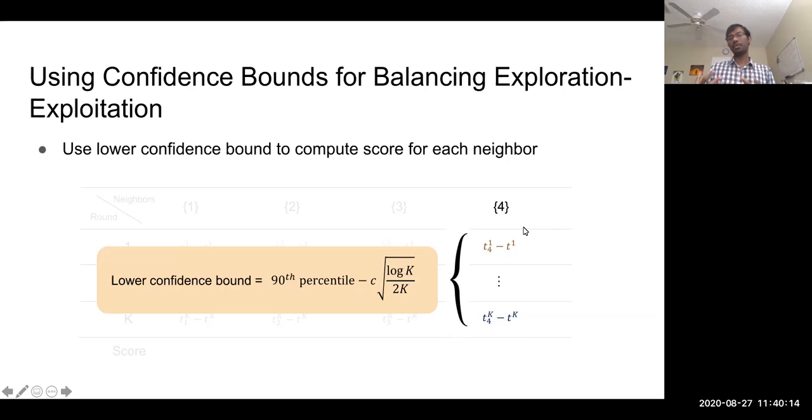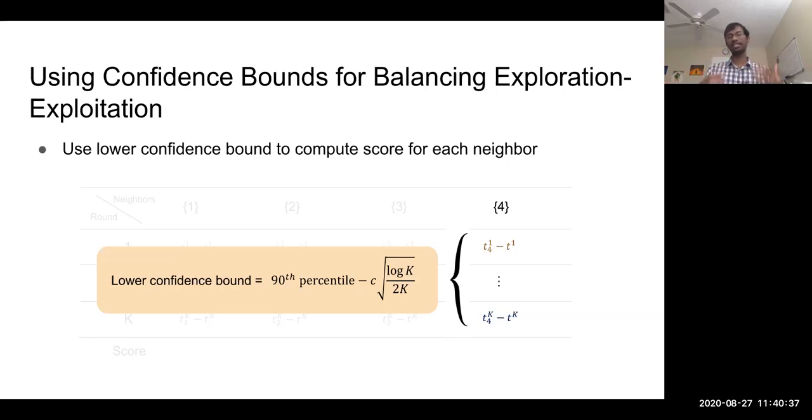So intuitively, what this is saying is you could have a group of neighbors that are really well connected to the rest of the network, but due to some randomness, they have a poor 90th percentile score. So if we simply consider this 90th percentile score, we would disconnect from that subset of neighbors, and then we would move on to a different set of neighbors.